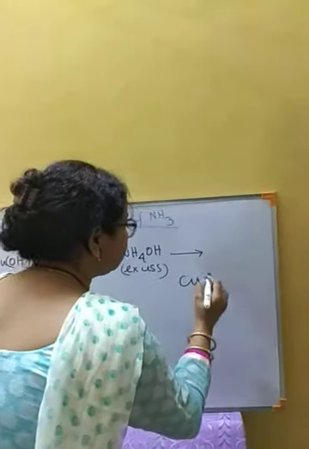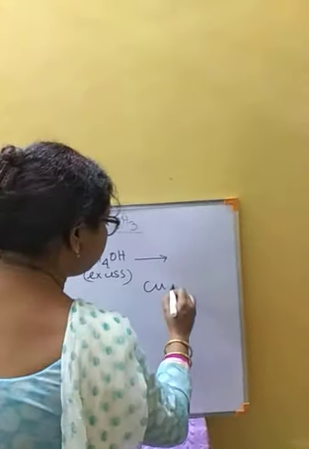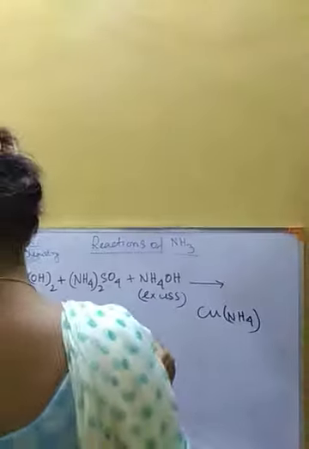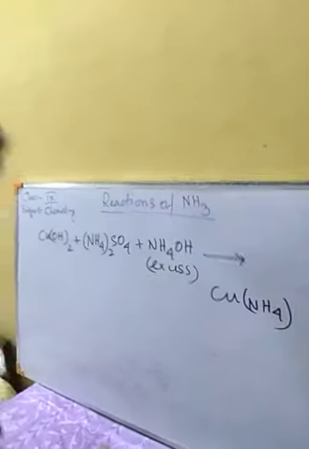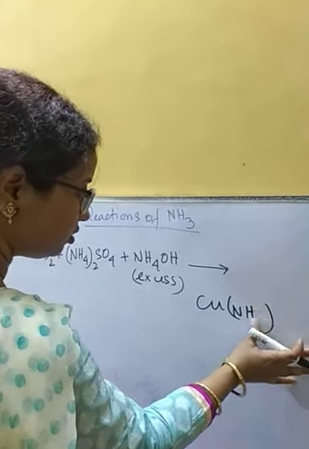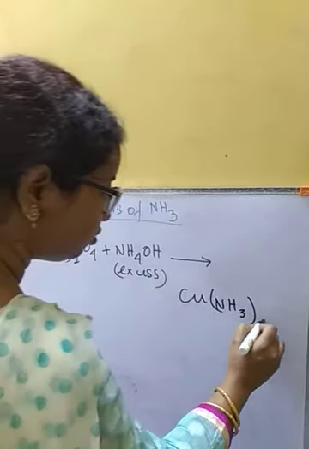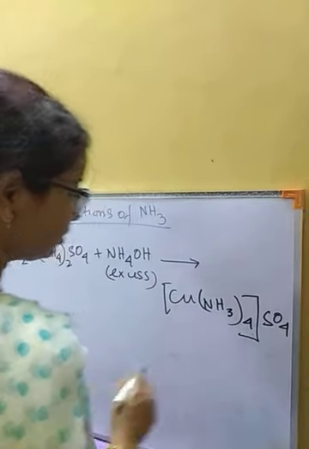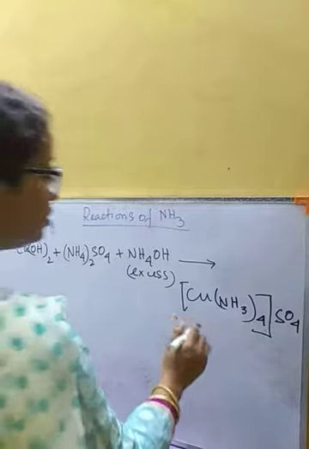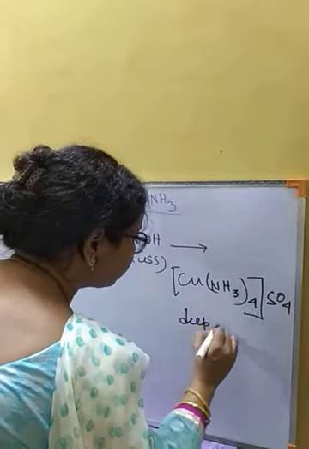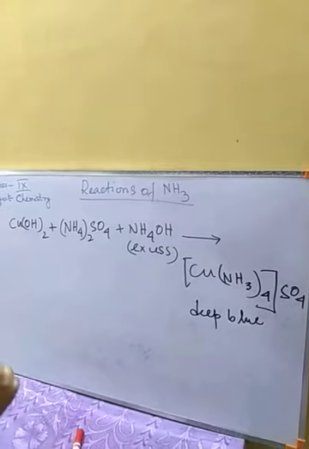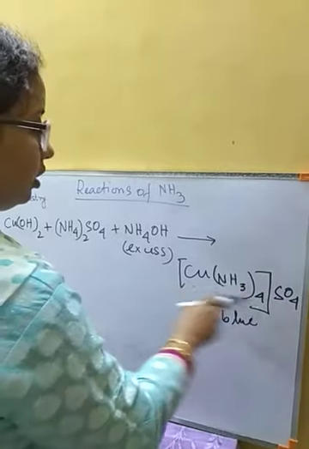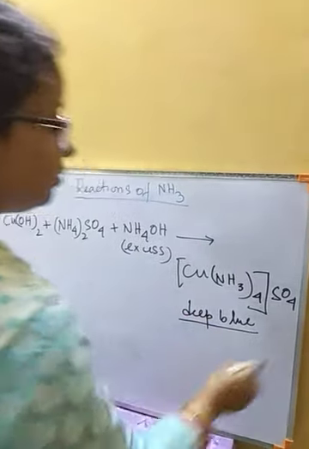So this will be Cu(NH3)4 SO4. This is the deep blue coloration. Here this deep blue coloration will be because of this complex.